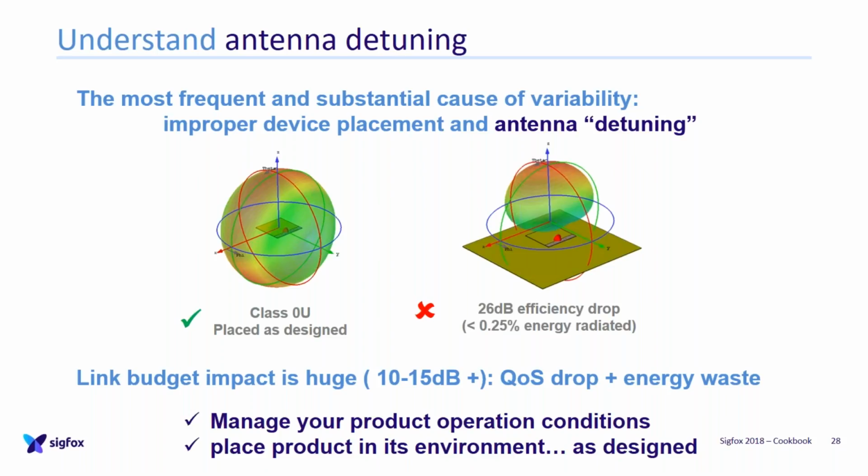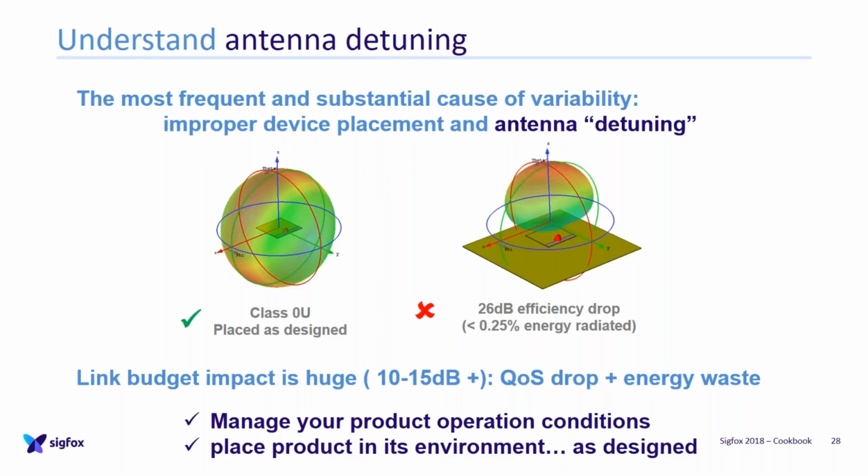But in this case, it shows that a product that is radiating well, that has been classified 0 as a reference performance in the Sigfox network, placed into a specific condition, will radiate less than 0.25% of the initial energy. There's a huge penalty in the link budget related to the antenna detuning.